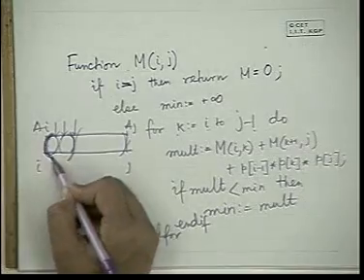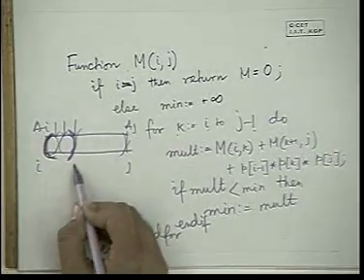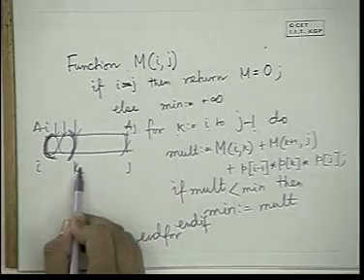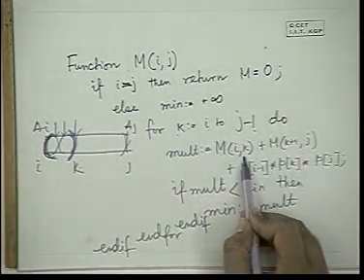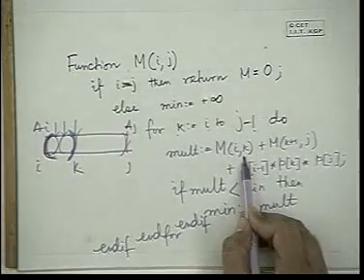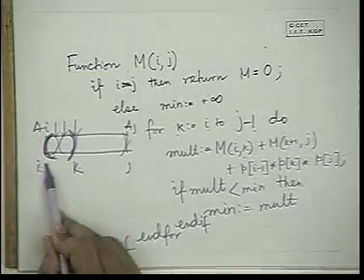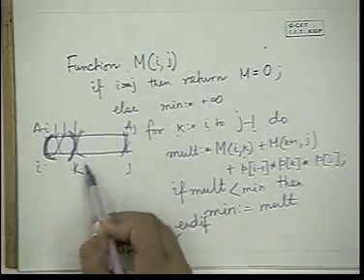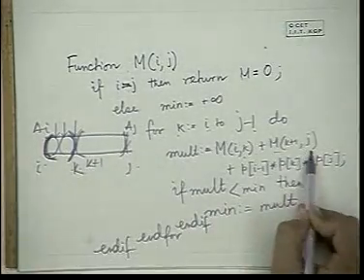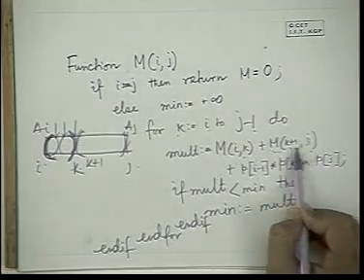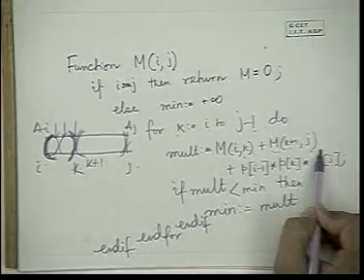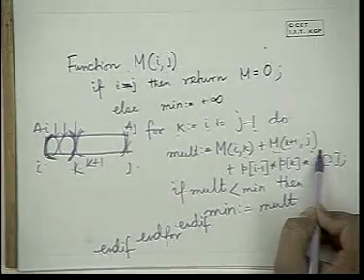So a generic step is this: your k is here, so you are multiplying between i and k. You are giving a call mik, which will return the minimum number of multiplications to multiply ai to ak. Then it is calling for k plus 1 to j, this one mk plus 1 j, which will return the minimum number of multiplications to multiply between ak plus 1 and aj.